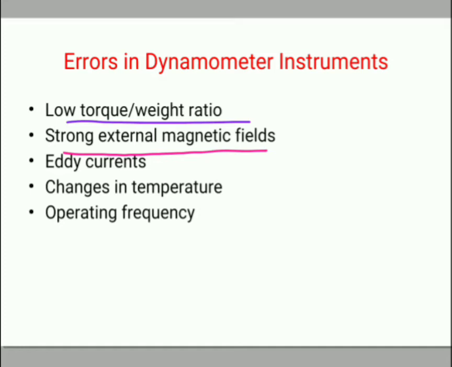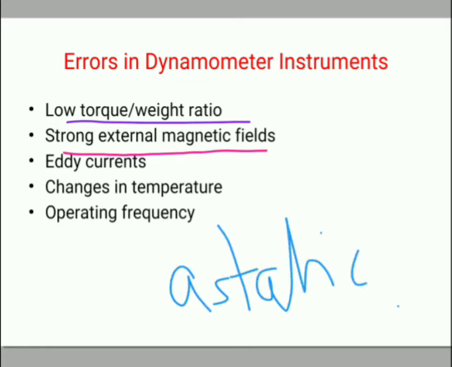To protect such instruments against strong external magnetic fields, an astatic system is used. An astatic system is basically a dynamometer in which two identical pairs of fixed and moving coils are connected on a single shaft. The arrangement of the two fixed coils is such that the polarity of their magnetic fields is opposite, thereby producing opposite currents through them.